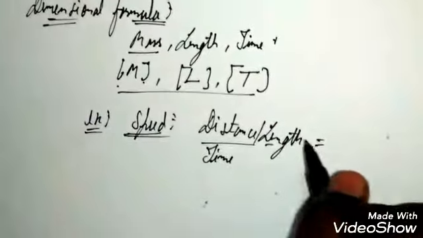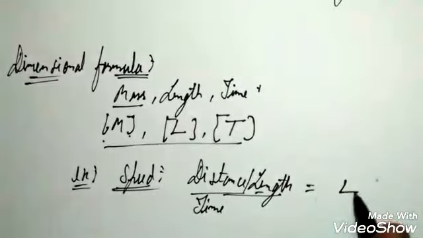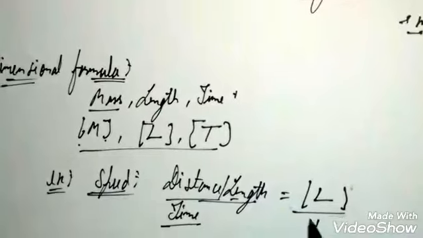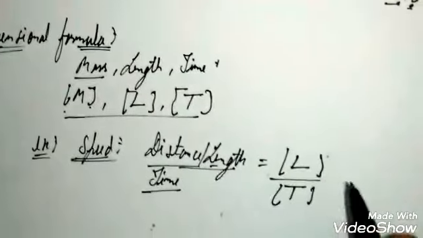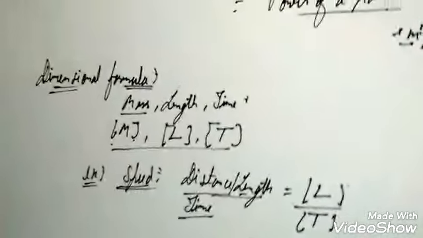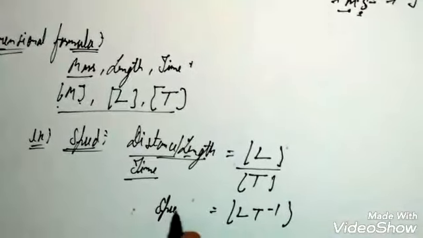Distance is a kind of length. Length has a dimensional formula of L. Time has a dimensional formula of T. If we take T in the denominator, then we can write the speed as LT^-1. It is the dimensional formula for speed.